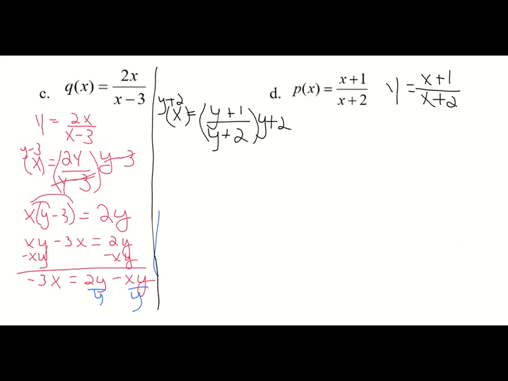So we end up with x times y plus 2 equals y plus 1. I am going to distribute that x, so we have xy plus 2x is equal to y plus 1.